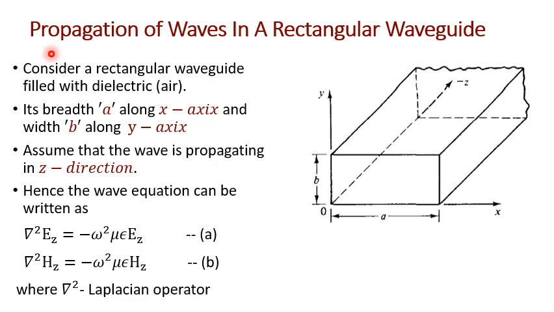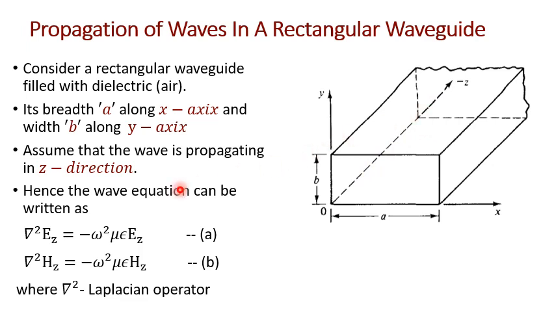Now we will look at the propagation of waves in a rectangular waveguide. Consider a rectangular waveguide that is filled with a dielectric medium such as air. This rectangular waveguide is placed in a rectangular coordinate system with its breadth along the x-axis and its width along the y-axis, and the wave is assumed to be propagating along the z direction.